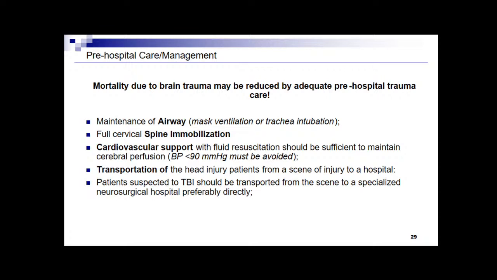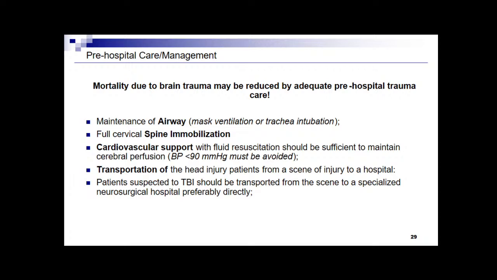At first, maintenance of airway, mask ventilation or tracheal intubation, or any subsidiary, indirect methods of lung ventilation, mouth to mouth or mouth to nose, for maintenance of the patient's breathing and gas exchange. Next action is full cervical spine immobilization.